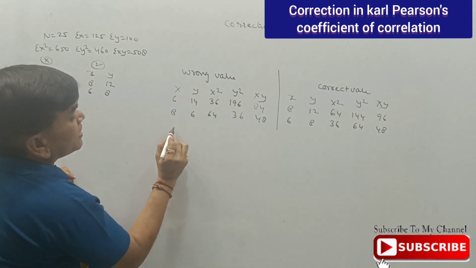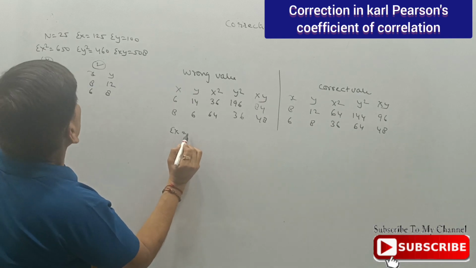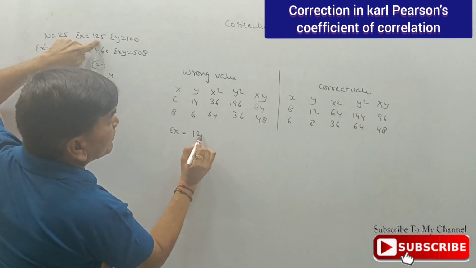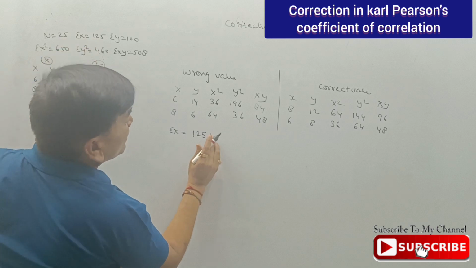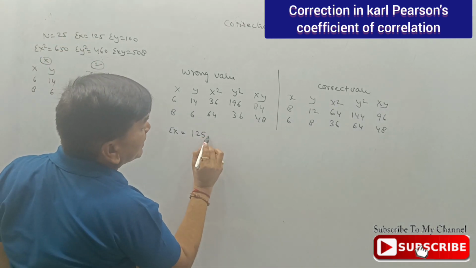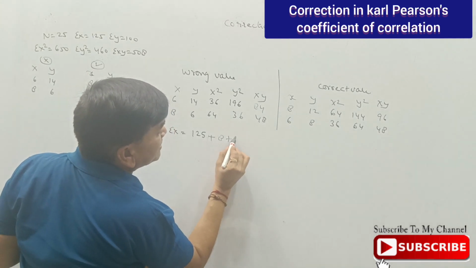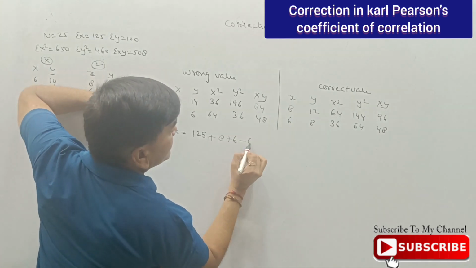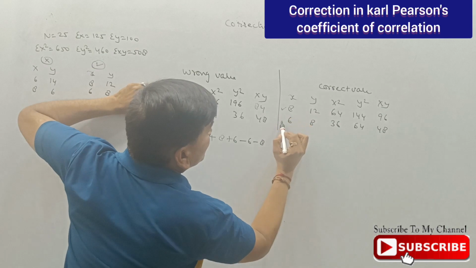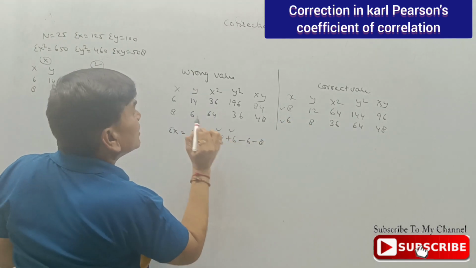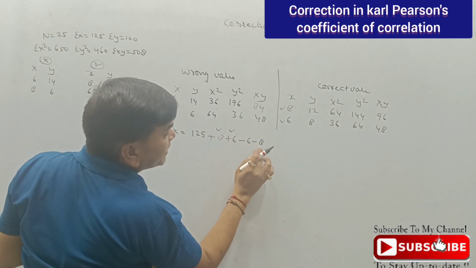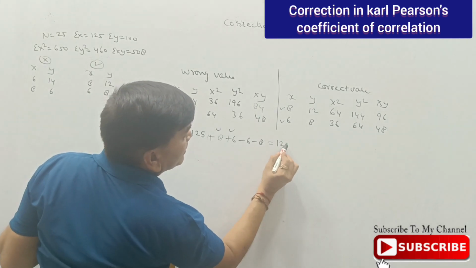Sigma x we already have as 125. First we add the correct values, that is 8 plus 6, and subtract the wrong values, minus 6 and minus 8. Correct value added, wrong value subtracted, so the value is 125.